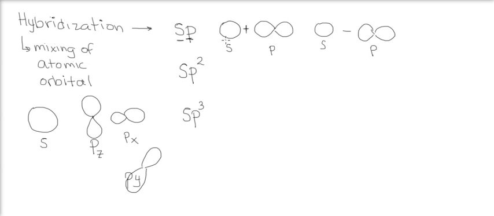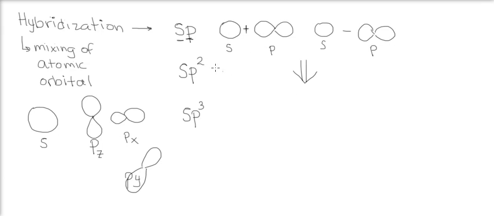So because we are mixing 2 different orbitals in 2 different ways, it turns out that the number of orbitals that you mix together has to be equal to the number of orbitals that you get out from the mixing. Okay, this is just a conservation of orbitals, so you can't mix 2 orbitals and then come out with 3 or come out with 1.